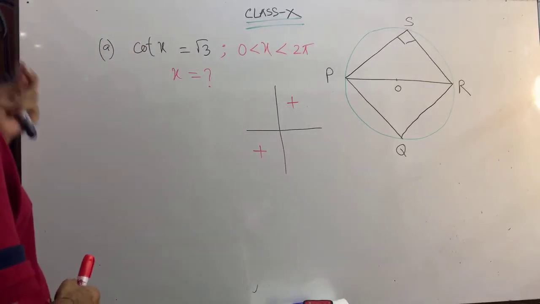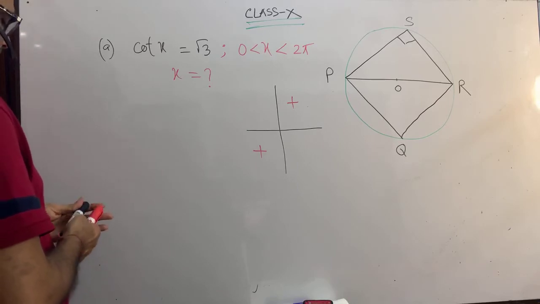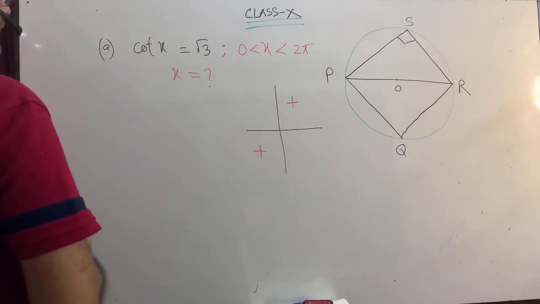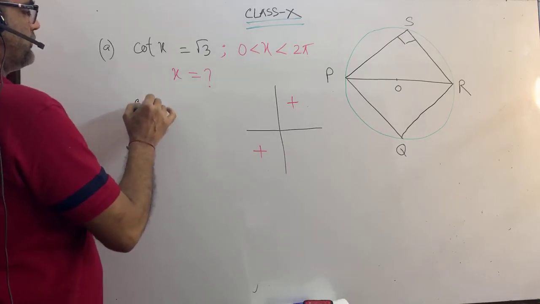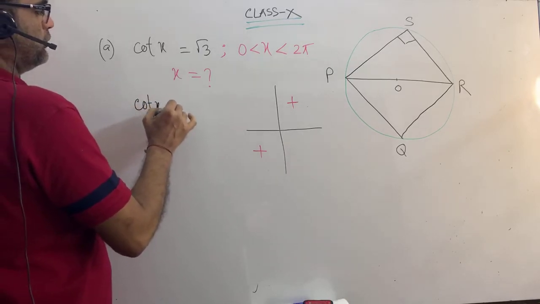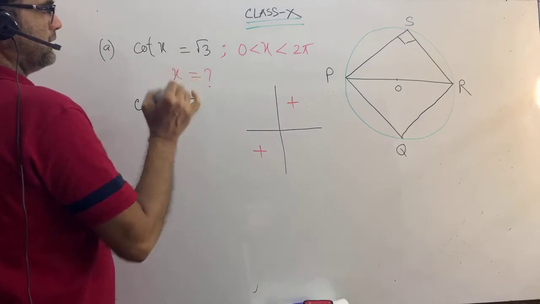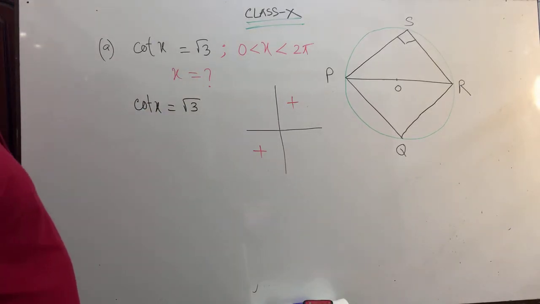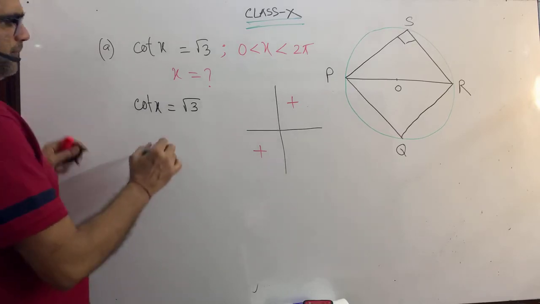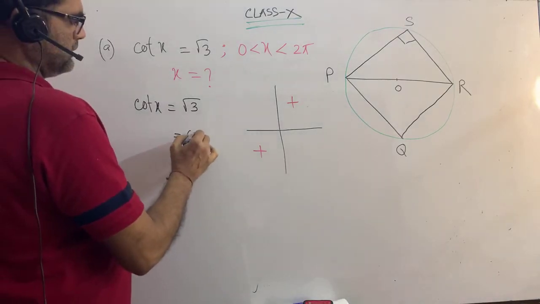Now you see, cot x is equal to root over 3. Can you tell me root over 3, what is the value?